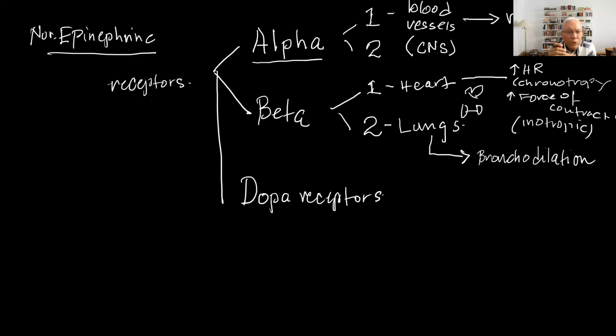Now, it could also enter doors marked beta, and beta are of two kinds, beta 1 and beta 2. Beta 1 is abundant in the heart, and when it enters into beta 1 receptors, it causes an increase in heart rate, which is chronotropy. It increases the force of contraction, which is inotropy. And I also should add dromotropy, which is an increase in AV conduction.